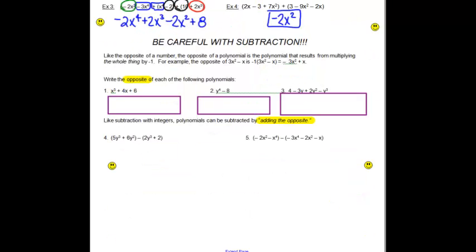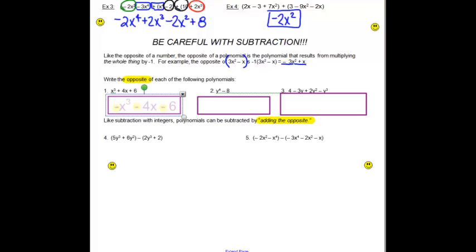The opposite of a polynomial is the polynomial that results from multiplying the whole thing by negative 1. For example, the opposite of 3x squared minus x is negative 3x squared plus x. So before we get started, write the opposite of each of the polynomials, come back and check your answer with me.